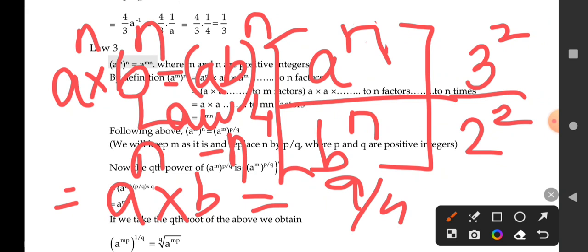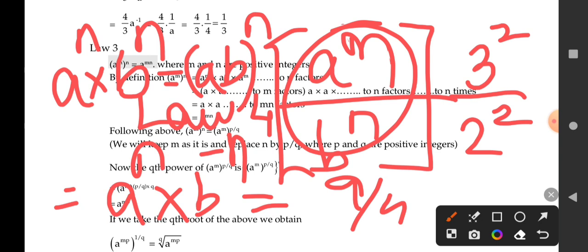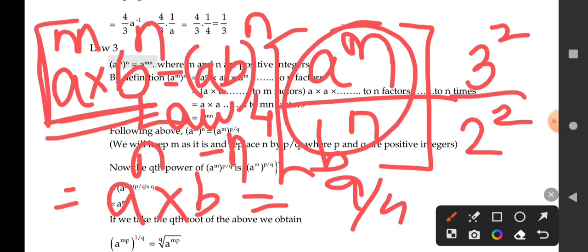For example, a raised to m divided by b raised to n, with different bases and different powers, divided or multiplied, has no simplification.